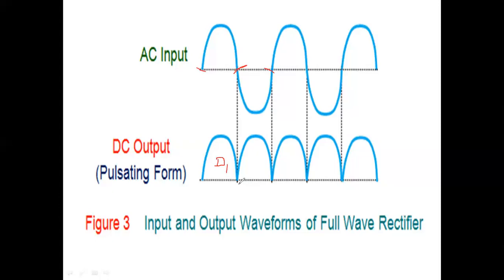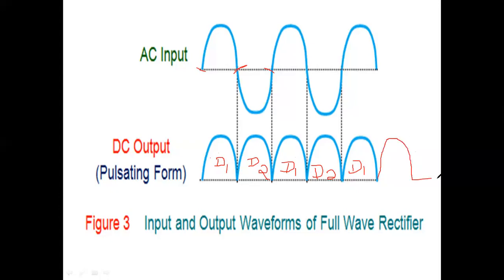Next, for the negative half cycle, D2 will conduct and D1 will block, becoming an open circuit here now. So for the positive half cycle and negative half cycle, D1, D2, D1, D2 alternately conduct and they will give the full wave output here now.